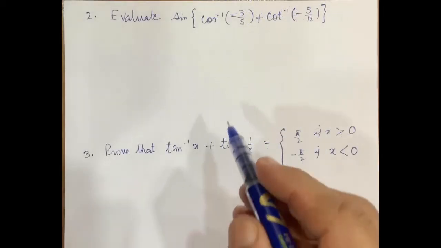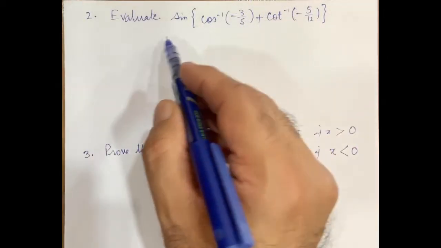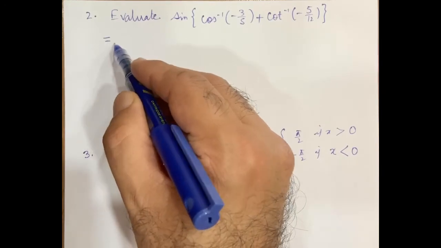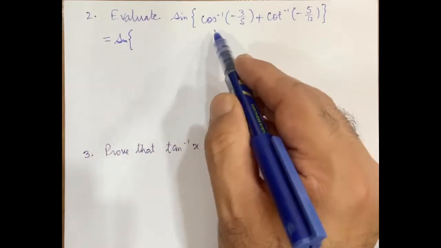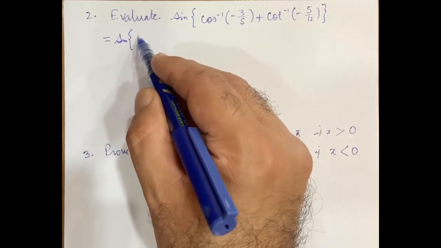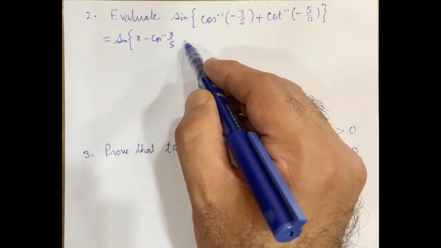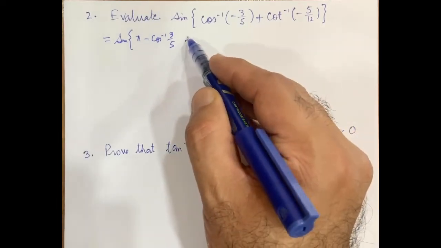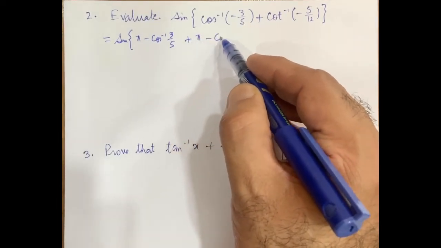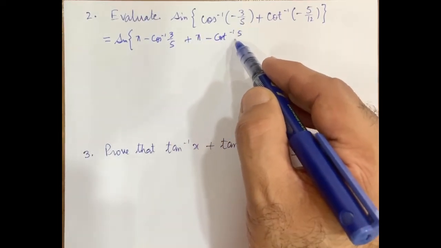5. Second question, cos inverse of minus 3 by 5. We have sine outside. Cos inverse of minus 3 by 5 is pi minus cos inverse of 3 by 5. And cot inverse, this is pi minus cot inverse of 5 by 12.